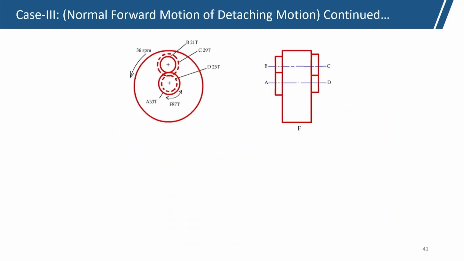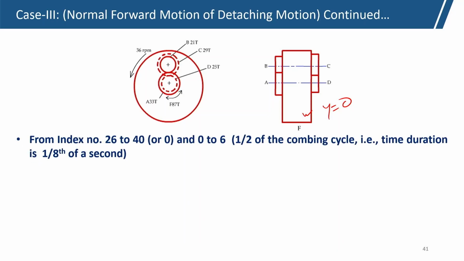Now, third, normal forward motion of the detaching, where the F, that is y, will be 0 if there is no motion. So, it is 26 to 40. So, it completes the cycle, and again it goes from 0 to 6, the total half of the cycle, that means 1/8th of a second.